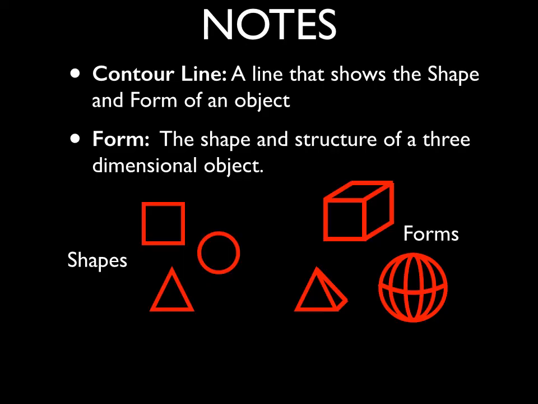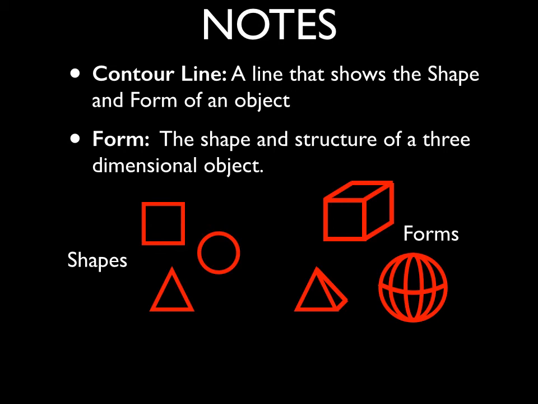So in summary, we want to remember that a contour line is a line that shows the shape and the form of an object. I think we mostly all know what shapes are. The form of an object is the shape and structure of a three-dimensional object. So here we have the examples of shapes: squares, circles, triangles.